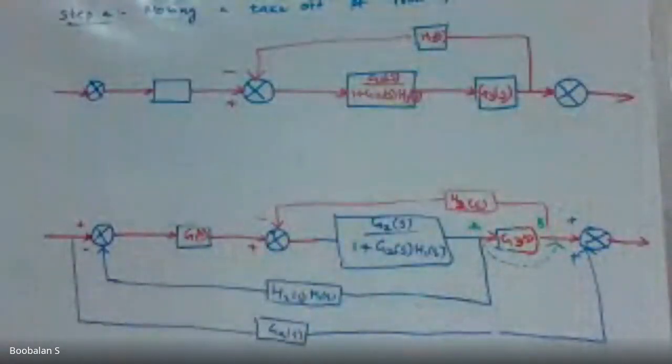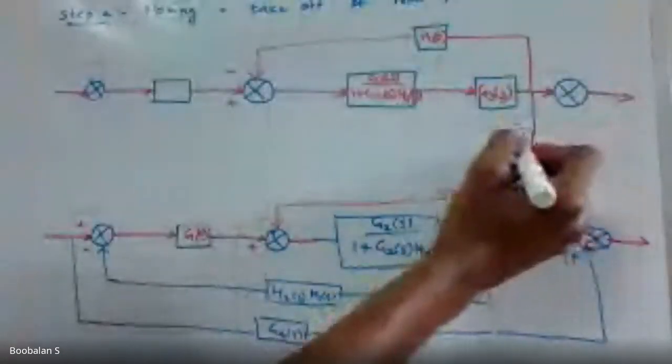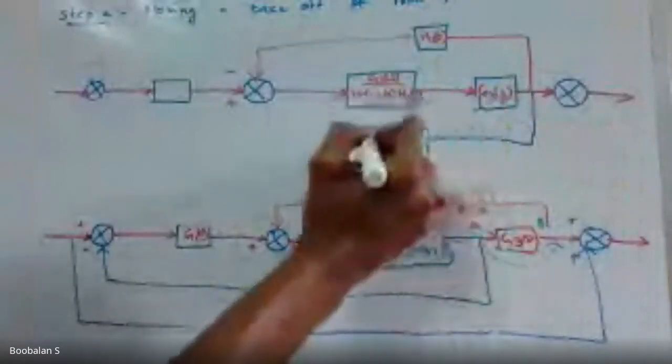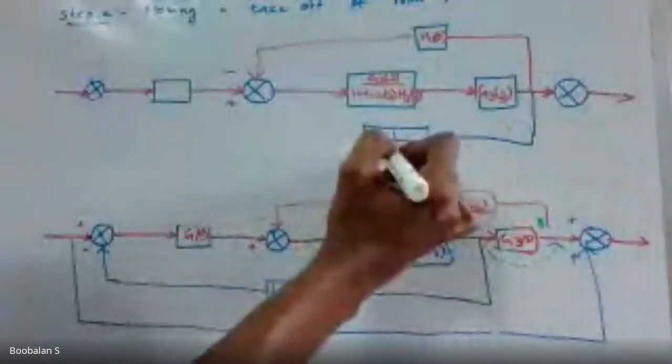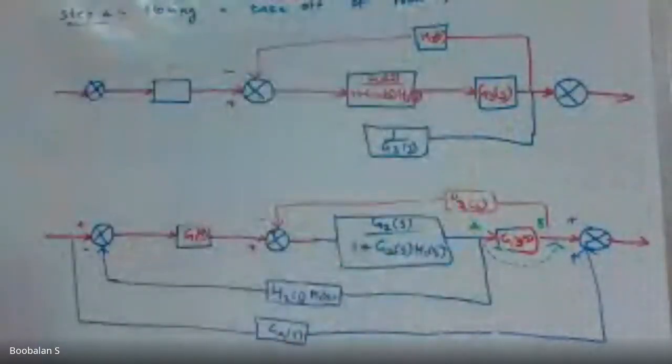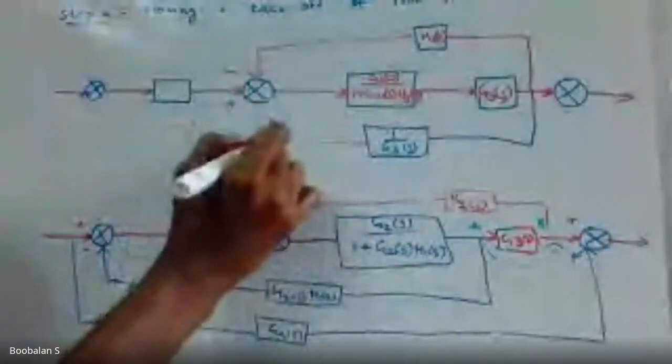So after the G3 block, now A to B. After moving this block, 1 by G3 is now added, and the remaining will be the same, H1, H2. H1 of s, H2 of s will be remaining there.